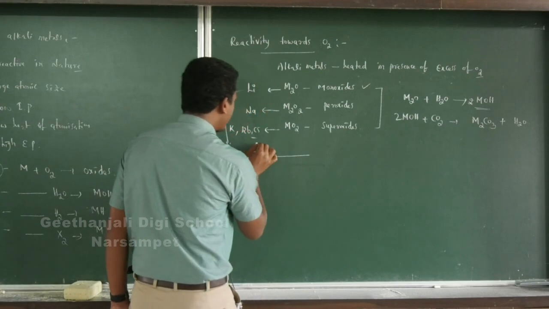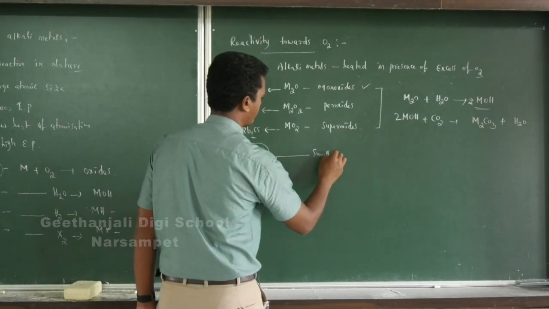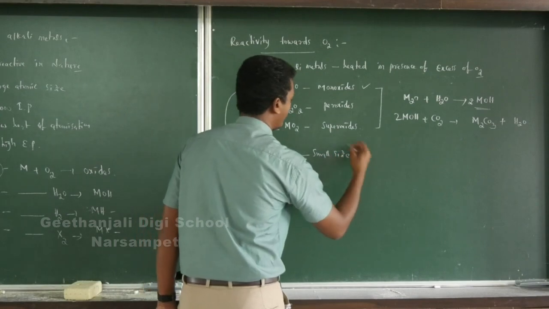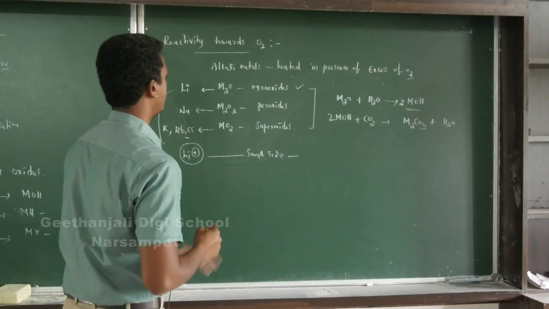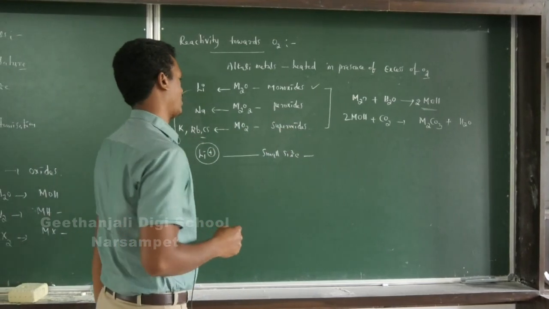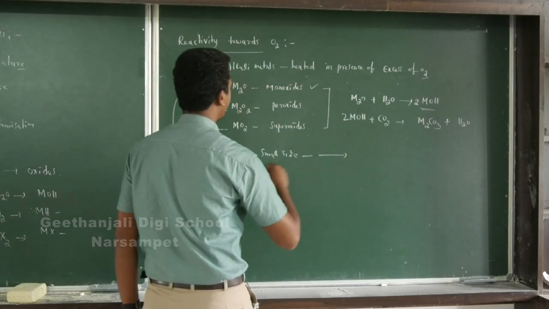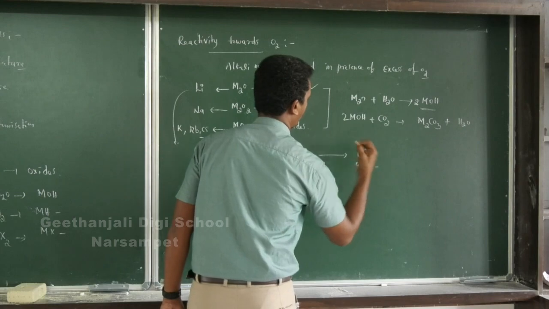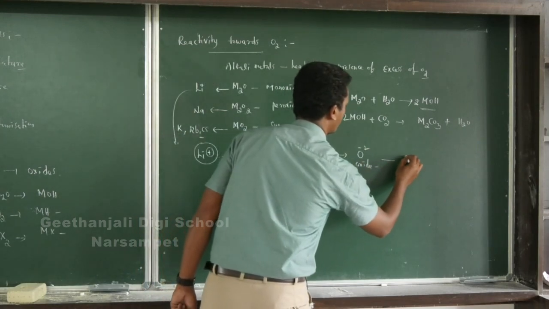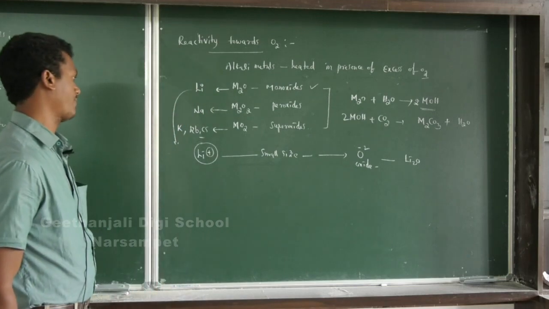So due to the very small size of lithium plus, it prevents the bond formation between oxygen and oxygen like in peroxides and superoxides. So this lithium plus can only contact with oxide ion and forms this type of oxide, which is called lithium monoxide.